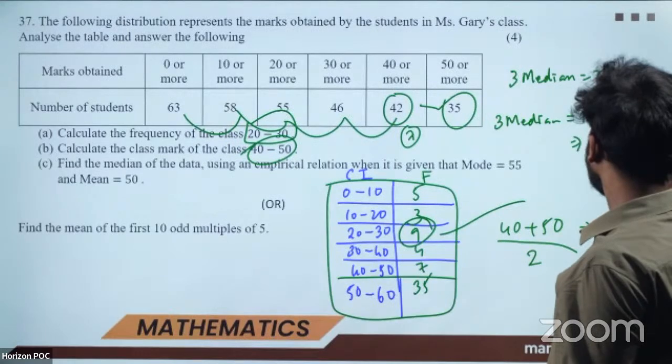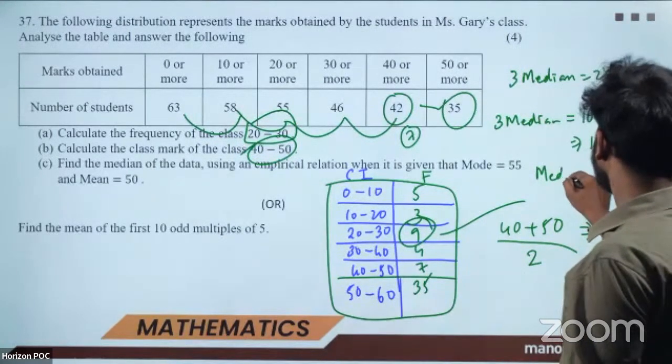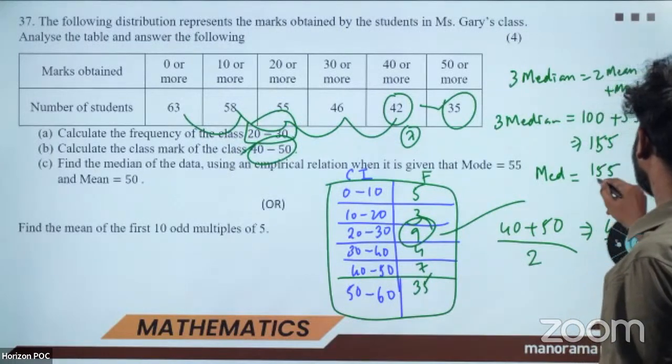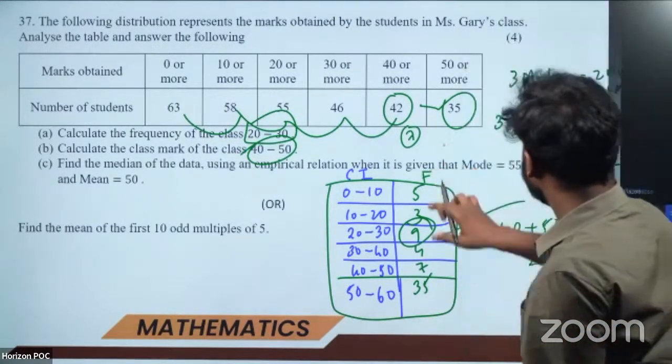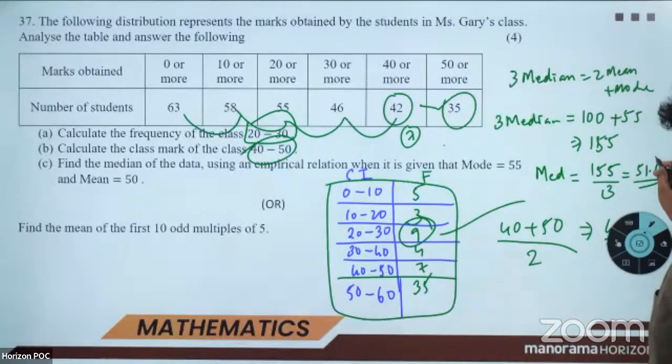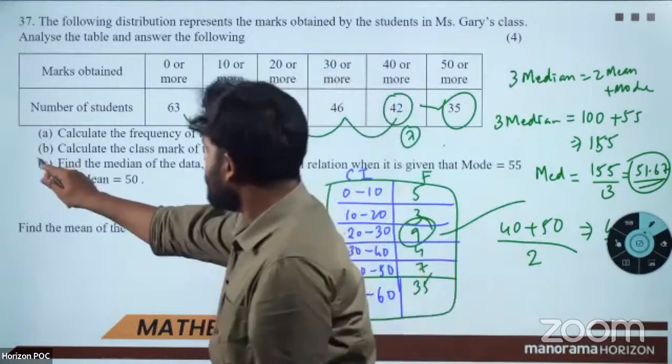So 155. So this will be the 3 median. So from that, what is median? Median will be 155 divided by 3, which is approximately 51.67. Clear? So median we got as 51.67. So that is the third part here.